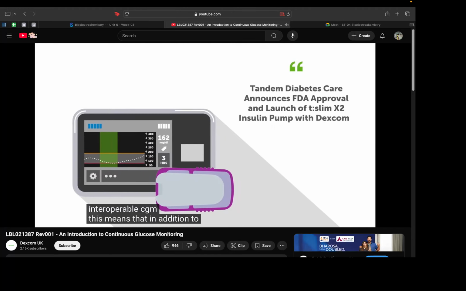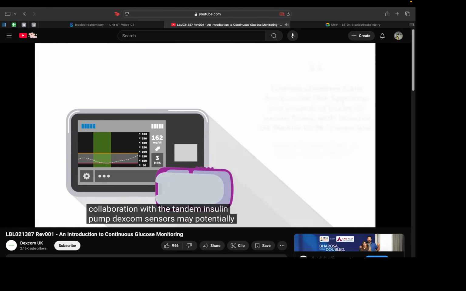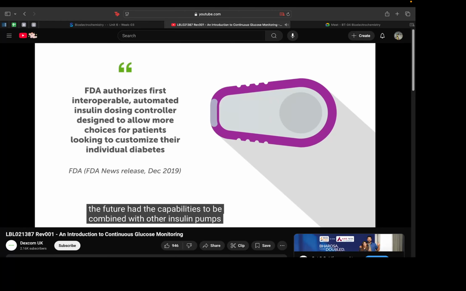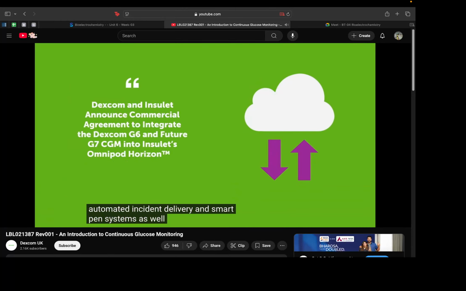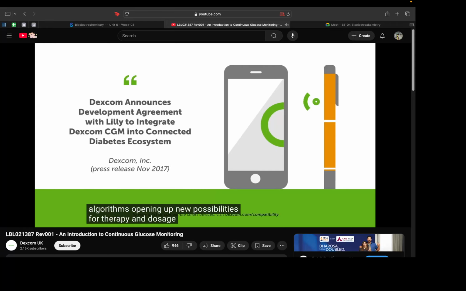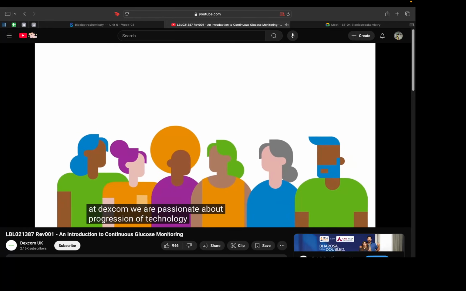This means that in addition to our collaboration with the Tandem insulin pump, Dexcom sensors may potentially in the future have the capabilities to be combined with other insulin pumps, automated insulin delivery, and smart pen systems, as well as dedicated algorithms, opening up new possibilities for therapy and dosage. At Dexcom, we are passionate about progression of technology and empowering people with diabetes to manage the disease.